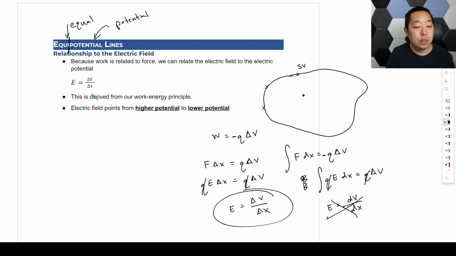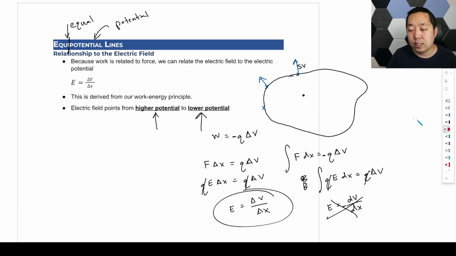So the way you want to think about it, rather than using the sign, is that the electric field points from higher potential to lower potential when you're looking at the electric field lines. And it's perpendicular to the equipotential lines, by the way. The reason is that when you move along the equipotential line, the electric field is not going to do any work.